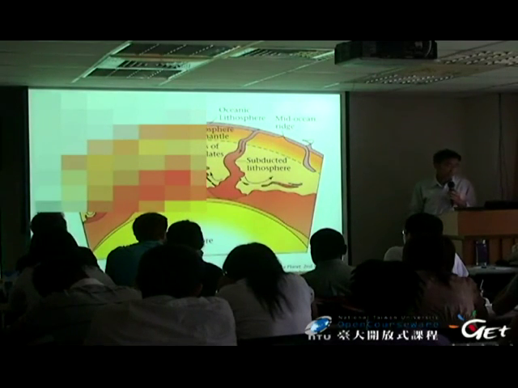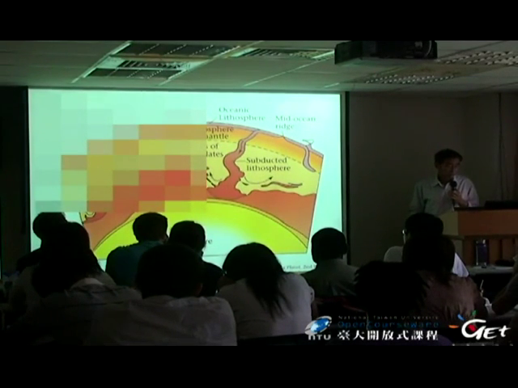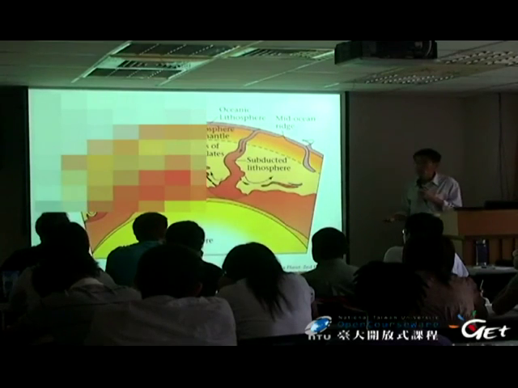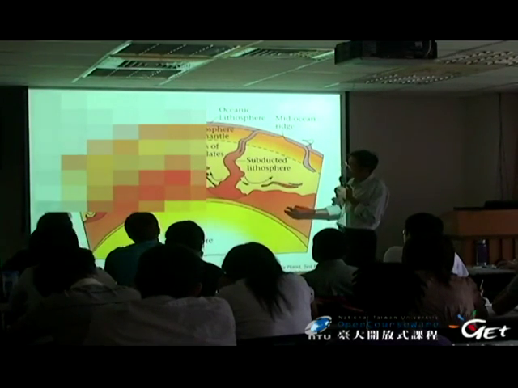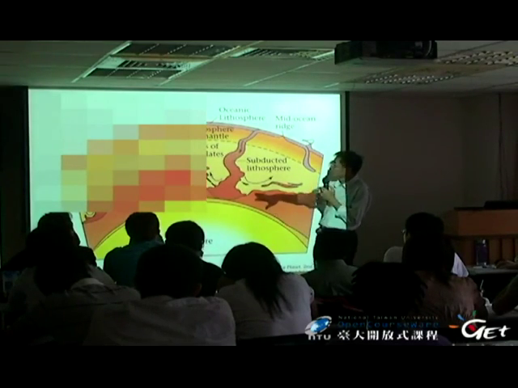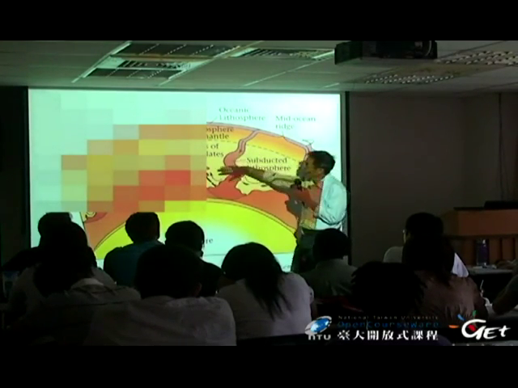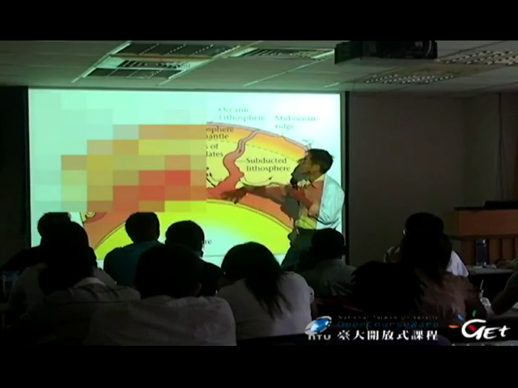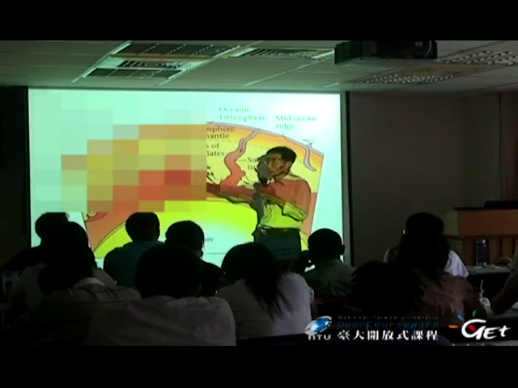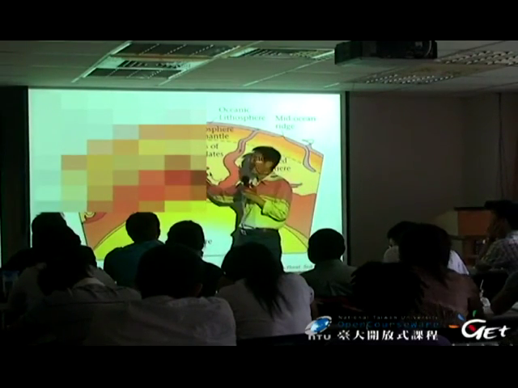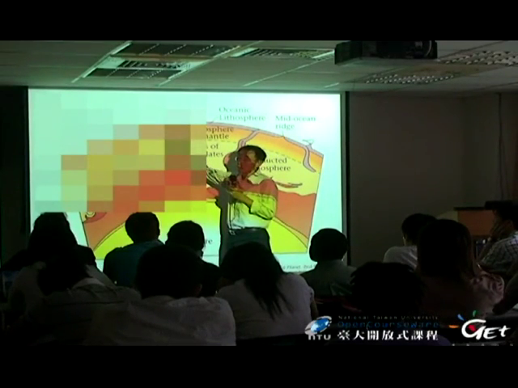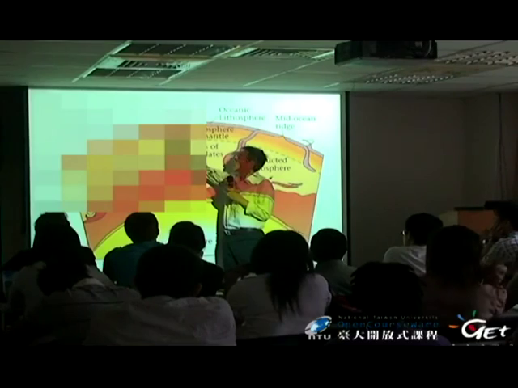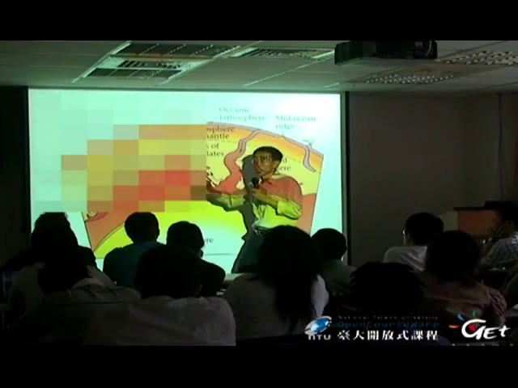Okay, here you can see that almost every activity on Earth could be explained in this profile. We have the subduction, the magma forming and uprising, and forming volcanic islands or volcanoes on top of the surface.